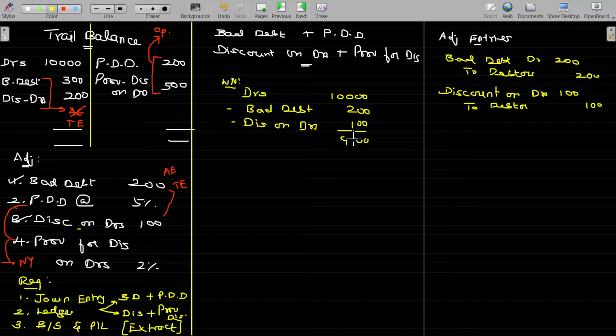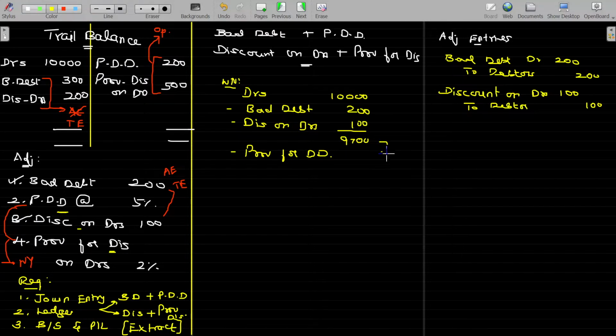So whatever the expected loss in the future, we make a provision for that. That provision comes under provision for doubtful debts as well as provision for discount on debtors. These two will be calculated from here. So minus provision for doubtful debts, PDD in short, which is 5%.